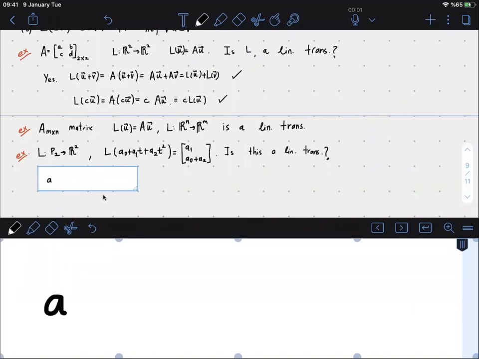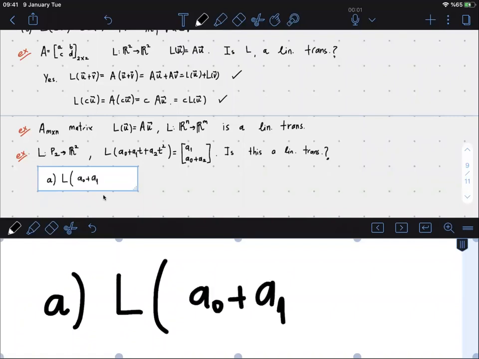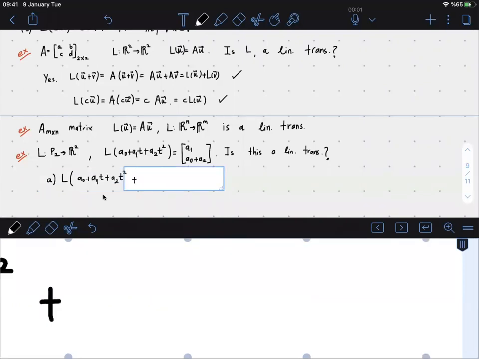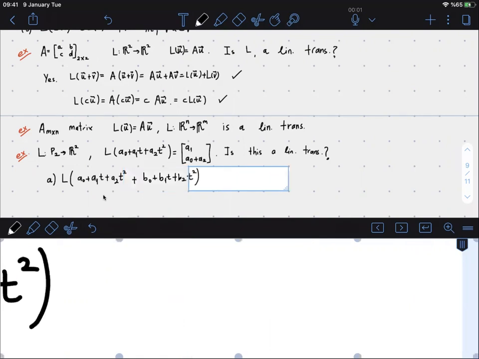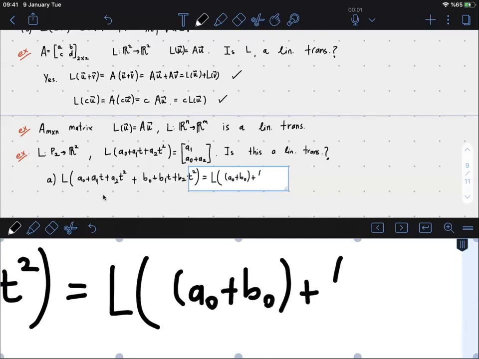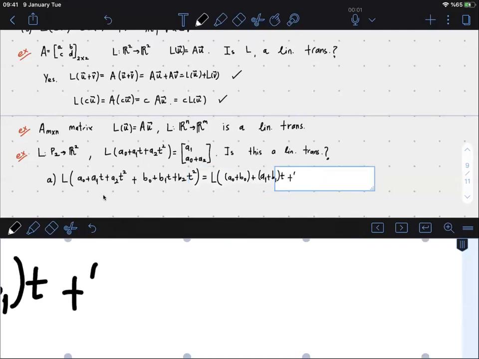The first condition is, let's take one vector, an arbitrary vector, and add it to another vector in P2. So what do I get? First let's compute inside: A0 plus B0, and then A1 plus B1 t, and then A2 plus B2 t squared, right?